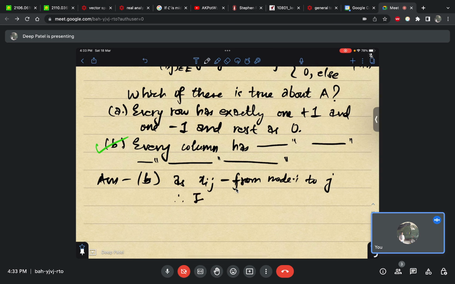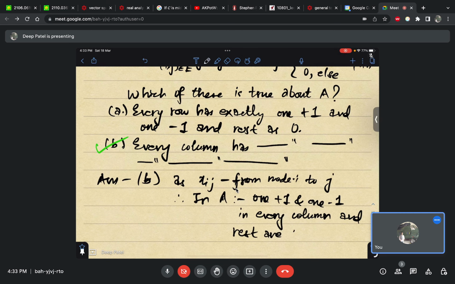So therefore in A, there is a plus 1 and a minus 1 in every column. The rest are zeros.